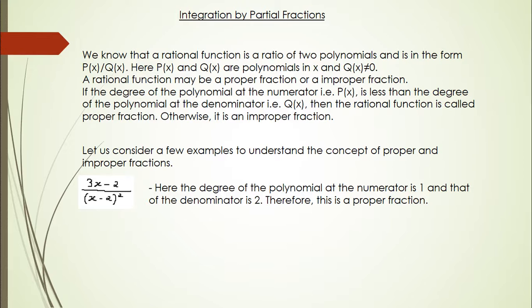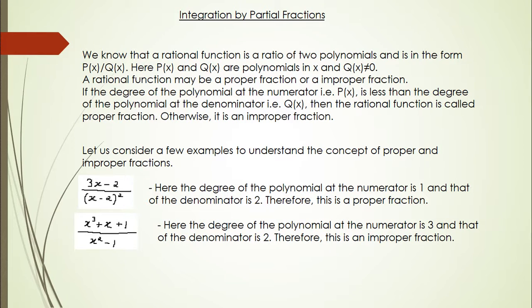Therefore, this is a proper fraction. Let us consider another. Suppose you have x cubed plus x plus 1 divided by x squared minus 1. Here the degree of the polynomial at the numerator is 3 and at the denominator it is 2. Therefore, this is an improper fraction.